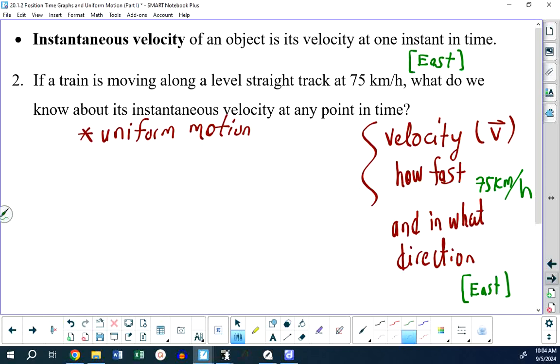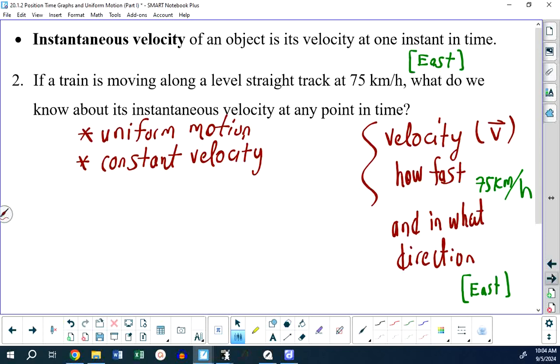I haven't answered the question yet. I'm doing something else. If we say it's uniform motion, what we're saying is it's constant velocity.